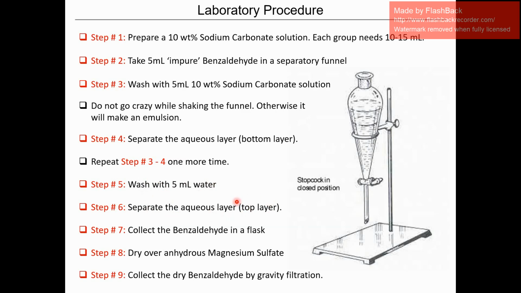Then you need to extract the organic layer, collect the benzaldehyde, and dry it over anhydrous magnesium sulfate. After that, you just collect the benzaldehyde by gravity filtration, separating the magnesium sulfate that you used to dry the benzaldehyde.